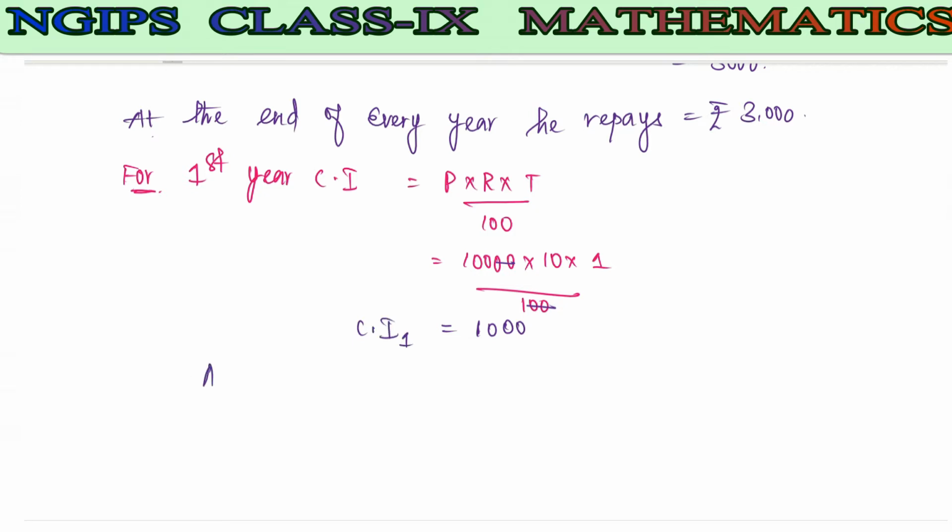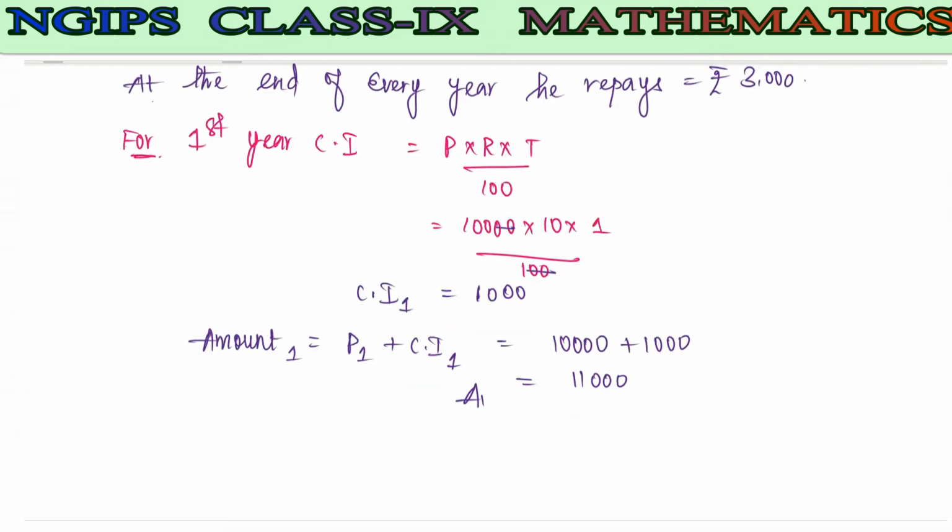Now we need to find out the amount. So amount is equal to first year principal plus first year compound interest. So first year principal is 10,000 plus 1,000 rupees interest. If you add, you are going to get the first year amount is equal to 11,000 rupees. Now at the end of the year he is going to repay 3,000 rupees.